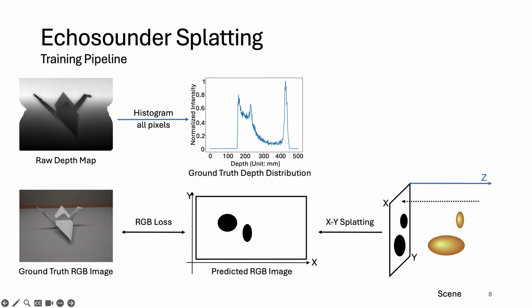Note that in hardware experiments, the intensity distribution is directly calculated by the matched filtering algorithm. Finally, instead of splatting on the xy plane, we splat Gaussians on the z-axis to obtain a predicted depth intensity distribution. Both distributions are normalized and used to calculate the depth loss.